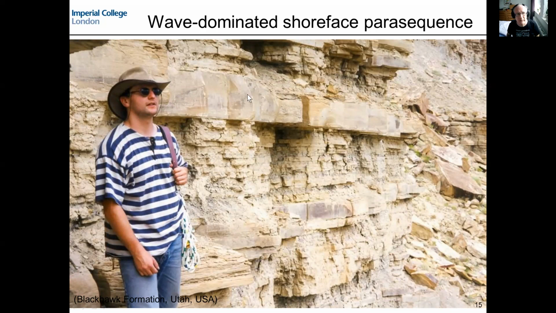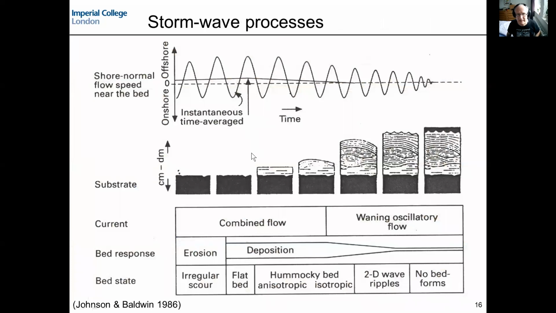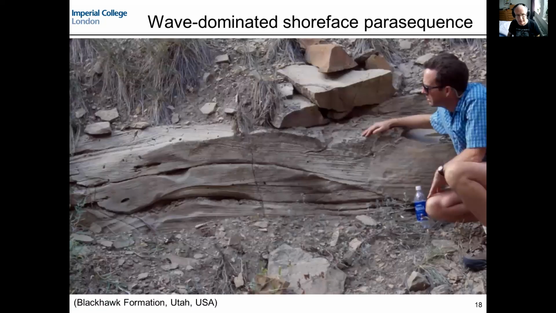If we look at one of those beds in detail, we see hummocky cross stratification. Let me first show you an example of what that looks like. Here is one of the sandstone beds. We see these concave upward erosion surfaces within the bed. And if you look at the lamination within the bed, it's basically parallel.